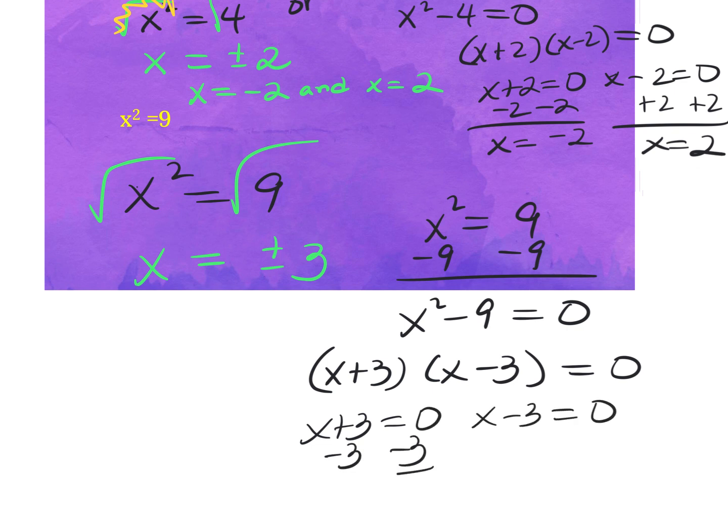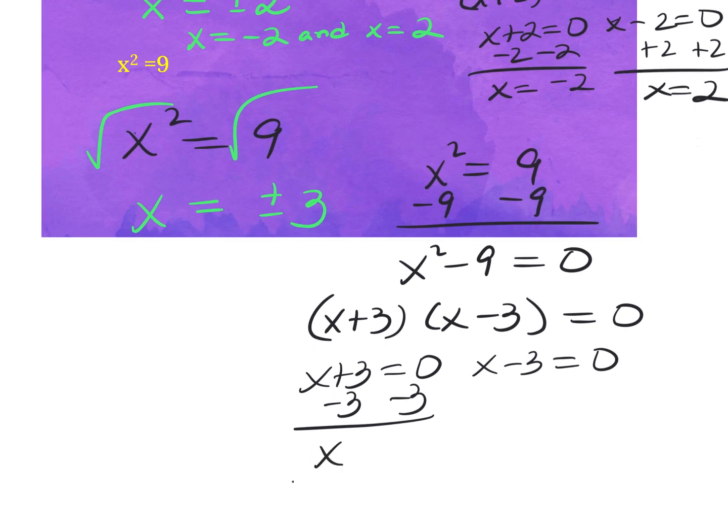So this is how you get negative 3 and positive 3. If you use the square root method and you forget to put both positive and negative as the answer, you're going to lose half of the points because you left off one of the solutions. So just be very careful.